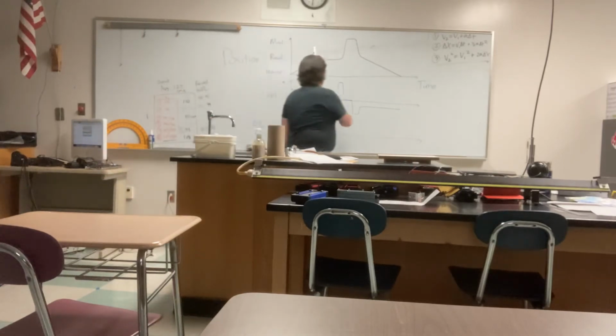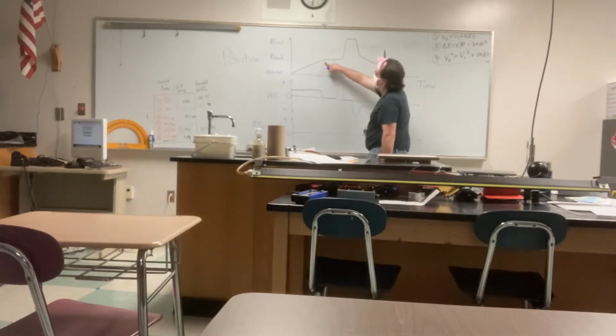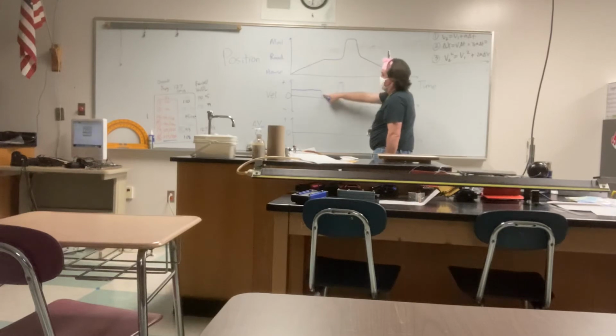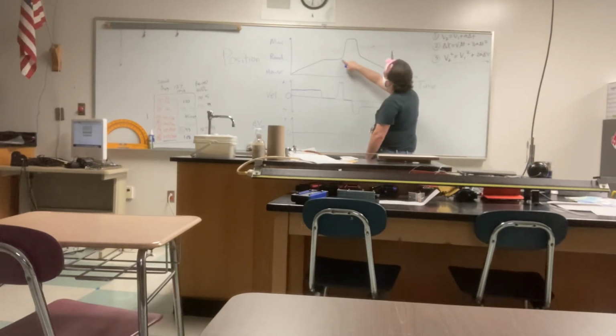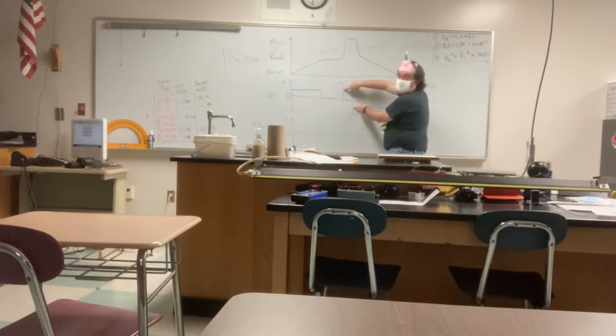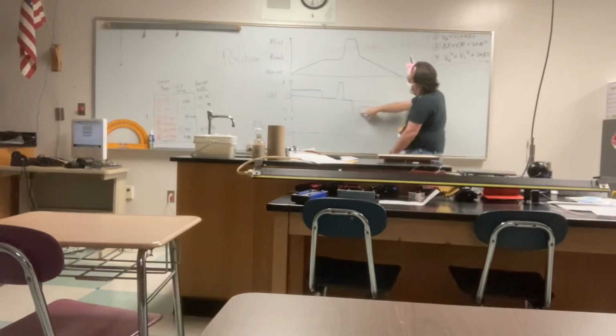So let's just check that, shall we? This is supposed to be a negative acceleration. Is that a negative slope? Why, yes it is. This is supposed to be a positive acceleration, and that's a positive slope. So far so good. Those should both be negative. Are both those slopes downhill? Indeed they are. And finally, that's a happy face curve, so that should be positive, and that's an uphill slope.